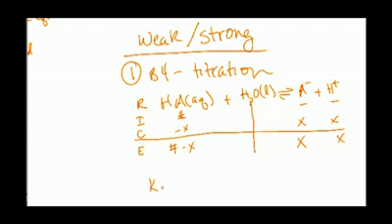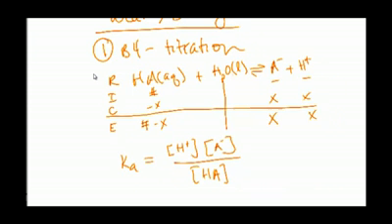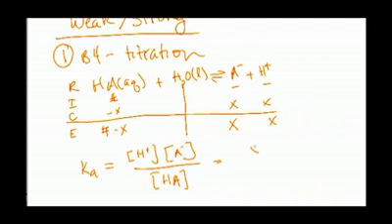And then Ka, the acid dissociation constant, if you remember from watching that video, is this. So that becomes X squared over the number minus X, and set equal to a known Ka value usually.